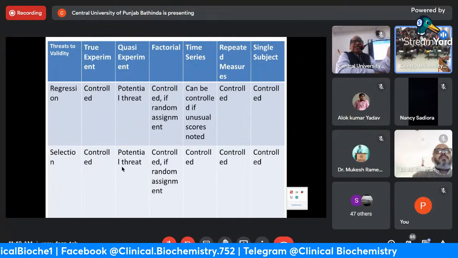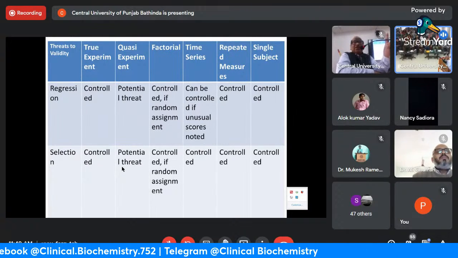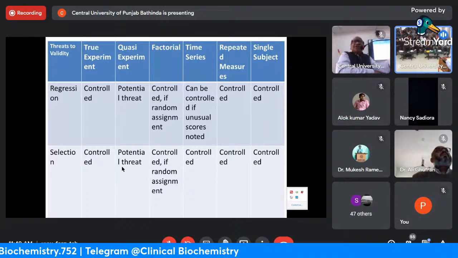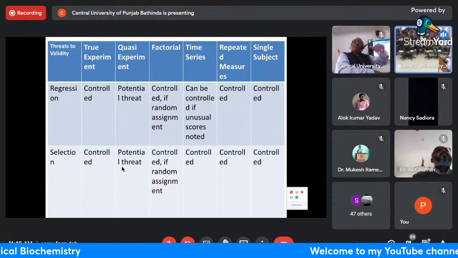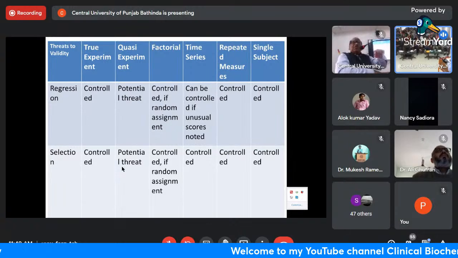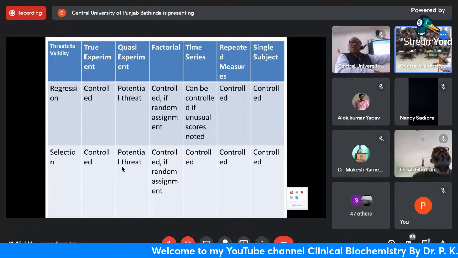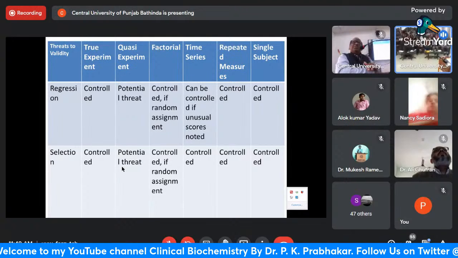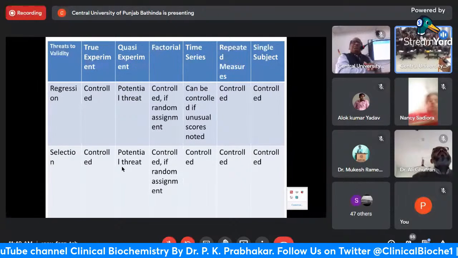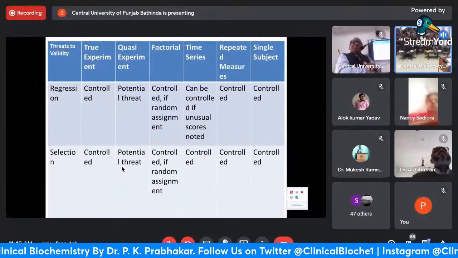And Creswell has two books also. One is research methodology that contains both quantitative as well as qualitative, and another book is specially for quantitative research. Another one is specially for qualitative research. Those are available in our library.